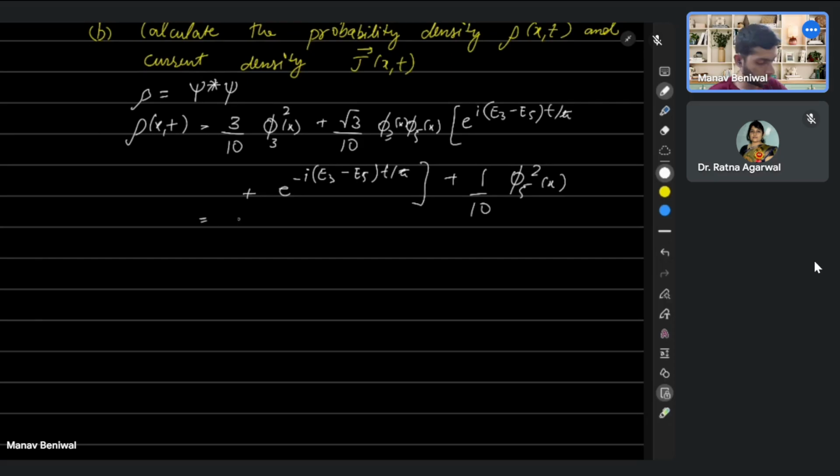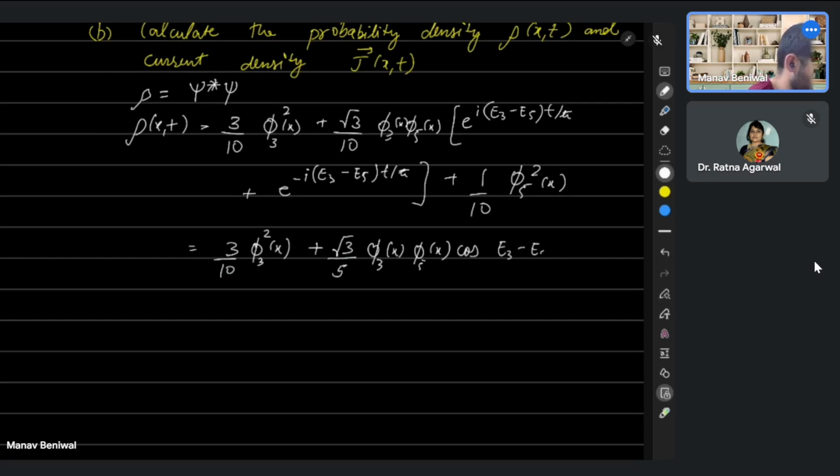So this will become 3 over 10 phi 3 squared of x, plus, because this is 2 times, so 2 and 10 will cancel, giving 5, root 3 by 5 phi 3 phi 5, and this becomes cos of (E3 minus E5) times t by h cut.